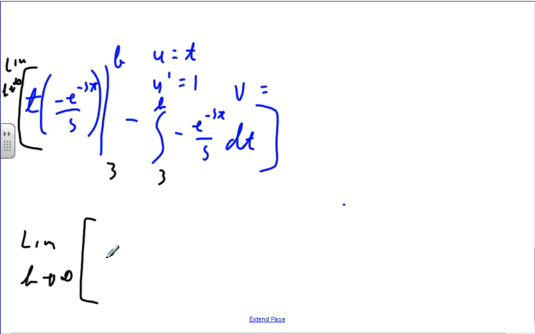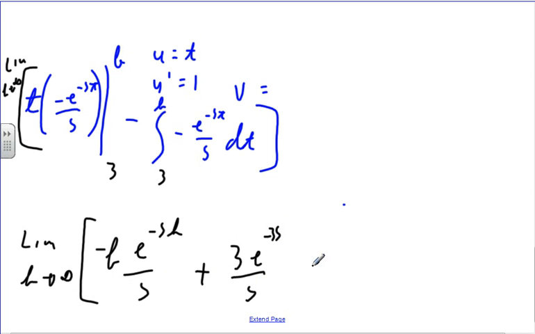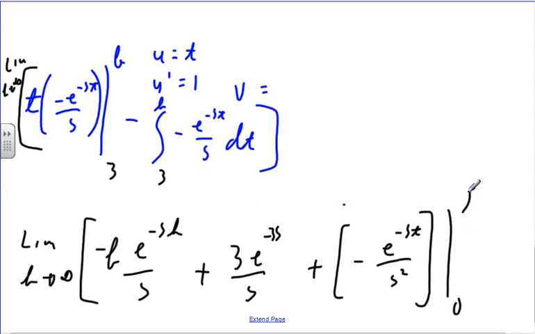I put the b in, so I get a minus b e to the minus sb over s, minus, which makes it a plus 3e to the minus 3s divided by s, okay, minus that integral, which becomes a plus, it's going to become another minus, we'll put it there though, minus e to the minus st over s squared evaluated from 0 and b.